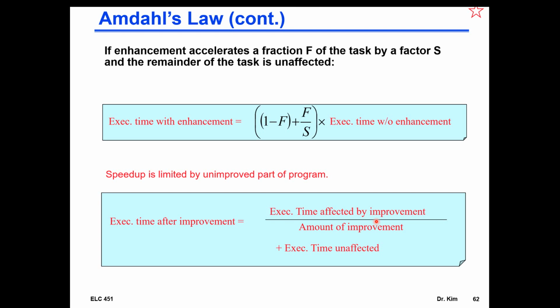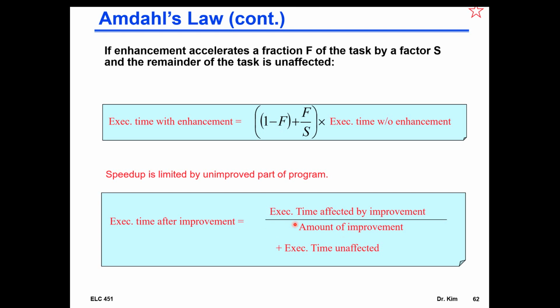From that, we can conclude then that this relationship here at the bottom of the slide, that the execution time after the improvement is equal to the execution time affected by the improvement divided by the amount of improvement, that is the f over s part, plus the execution time unaffected, which is the 1 minus f part.